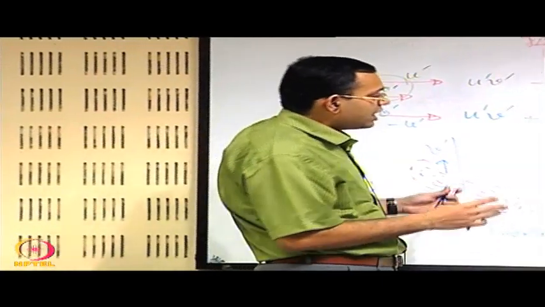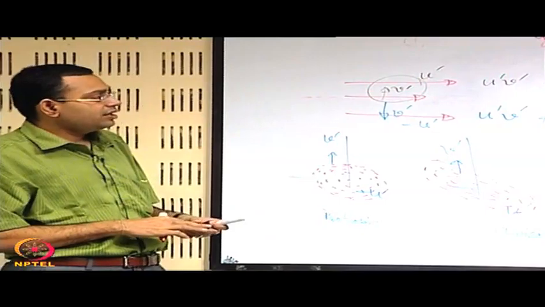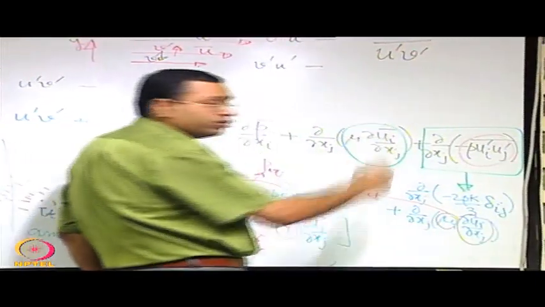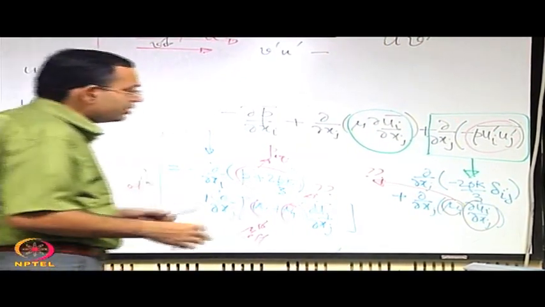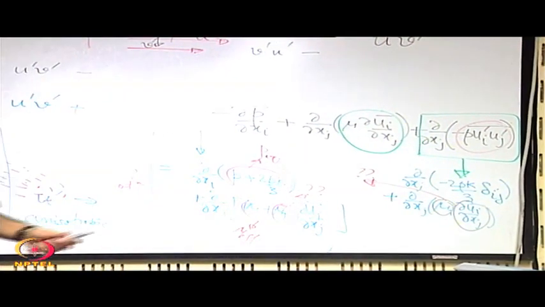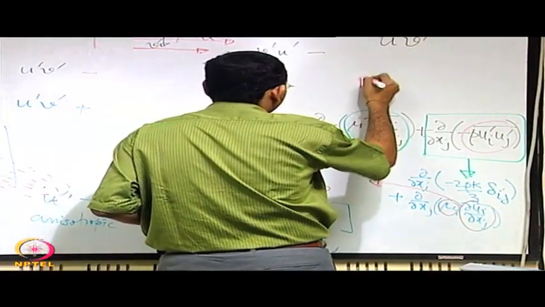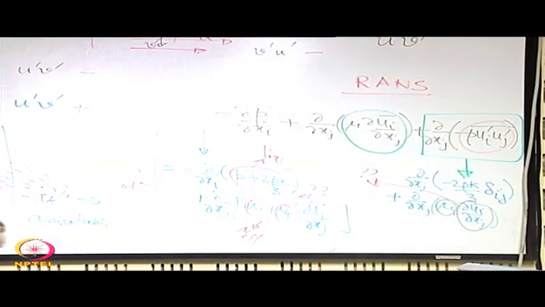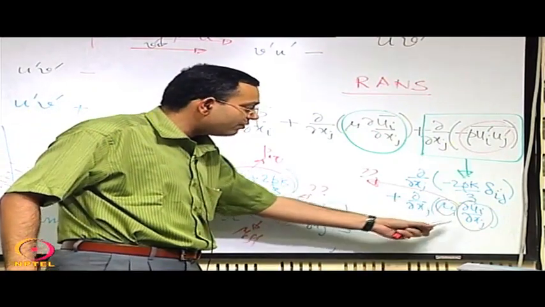No matter whether it has a whole lot of anisotropy or a whole lot of isotropy, the big question that remains is how we reflect that within the description of this new unknown that we have introduced in the Navier Stokes equation. When we say the Navier Stokes equation, we mean the averaged Navier Stokes equation, or the Reynolds average Navier Stokes equation, known as RANS. In the RANS equation, we now have an extra term.